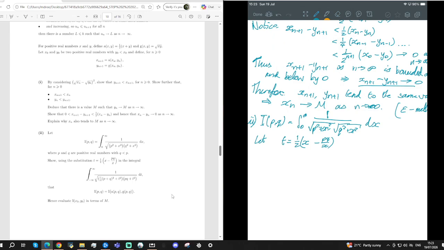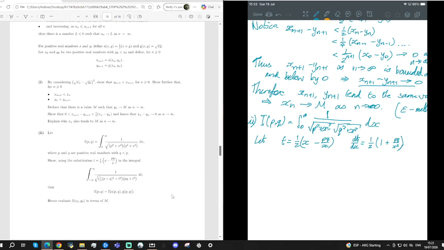Actually linking it back. So we need dt by dx. If we differentiate this, we're going to get a half, that's really an x to the minus 1, that's going to be 1 plus pq over x squared. Do that differentiation slower if you need to.